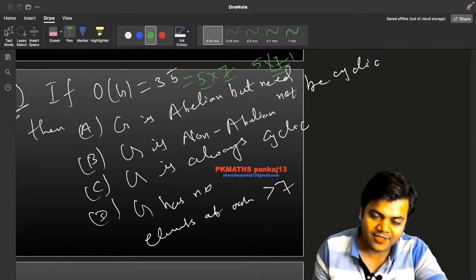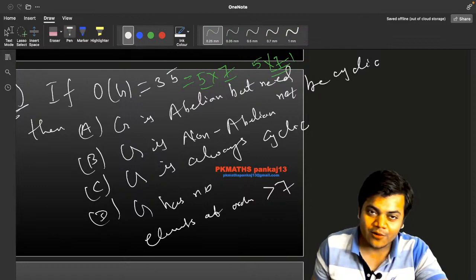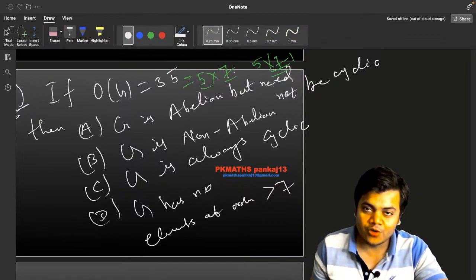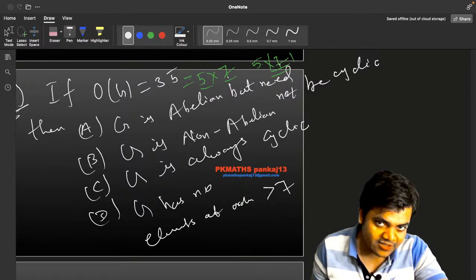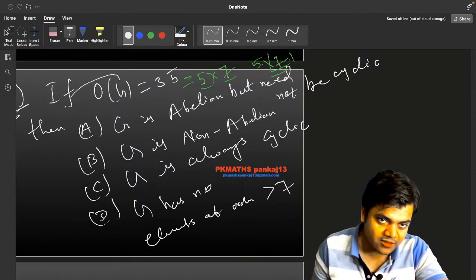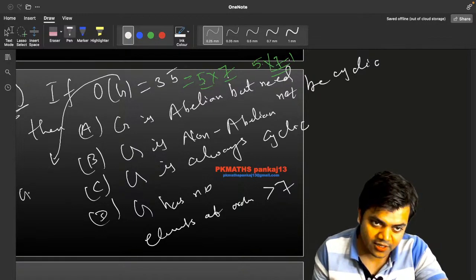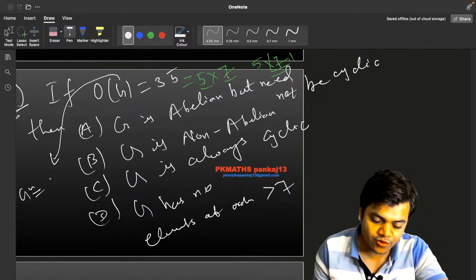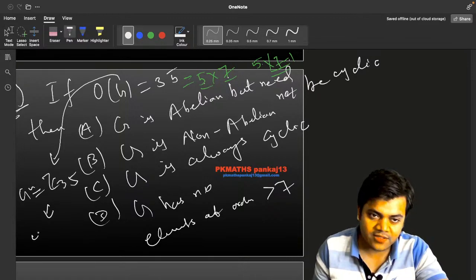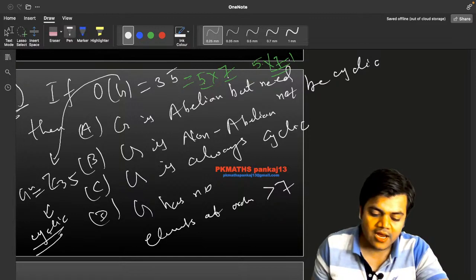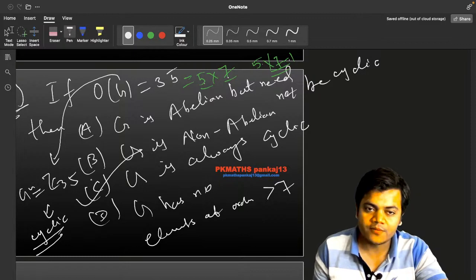So a unique possibility will be there, because the order of G is p into q and p is not going to divide q minus 1. According to the previous result that has been discussed already, G is isomorphic to Z35, and Z35 is cyclic for sure, and therefore we shall say G is always cyclic. So option C is the right answer.